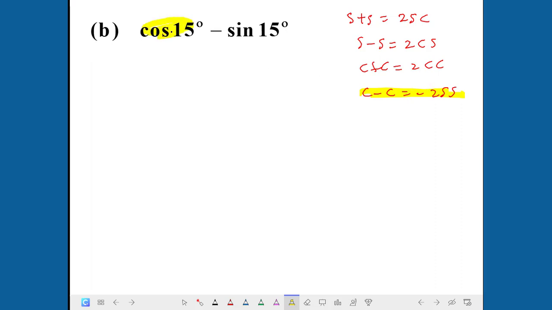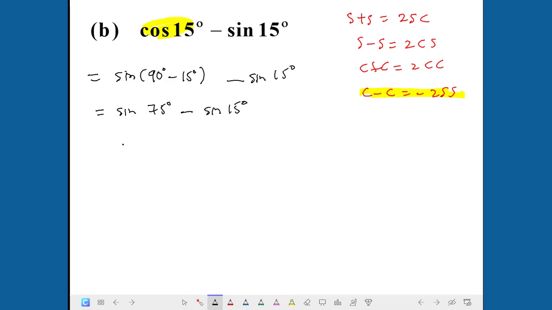Cos 15 is equal to sine of (90 minus 15), so cos 15 minus sine 15 equals sine 75 minus sine 15. And now we're going to use sine minus sine.